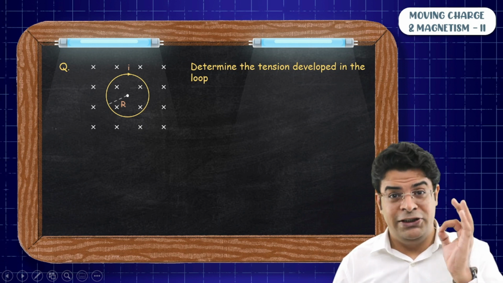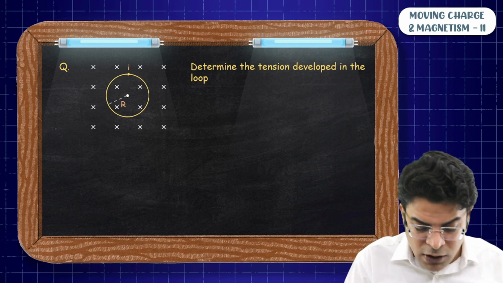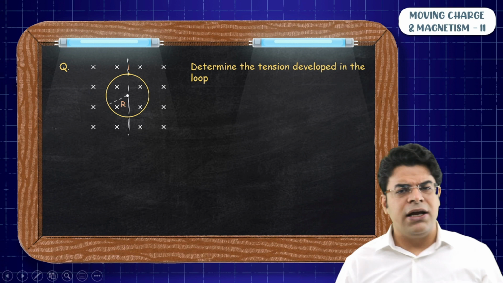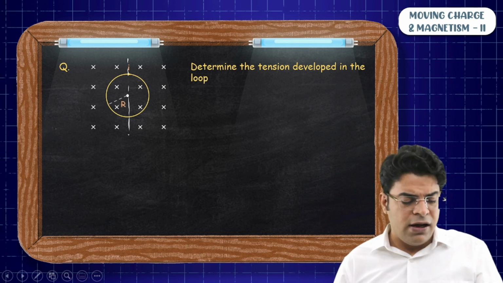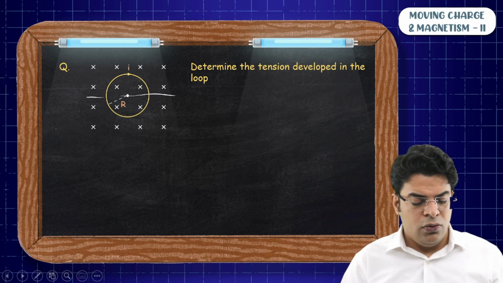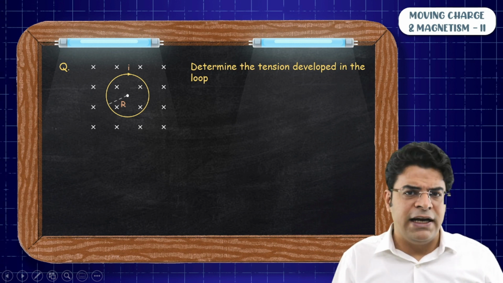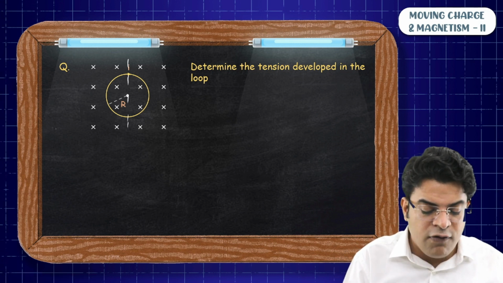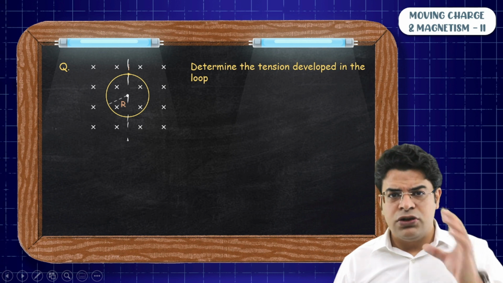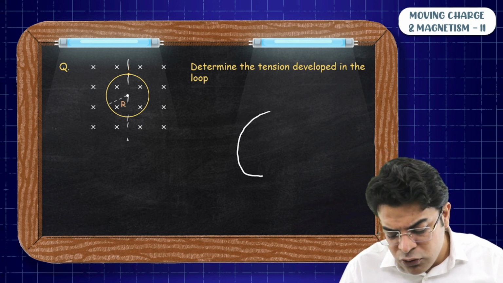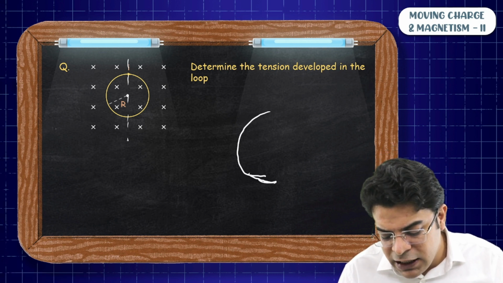It's super easy. Only look at one half of the loop. Either look at the left half or the right half or the upper half or the lower half. For the sake of understanding, I am looking at the left half of the loop. What will be the forces acting on this left half?